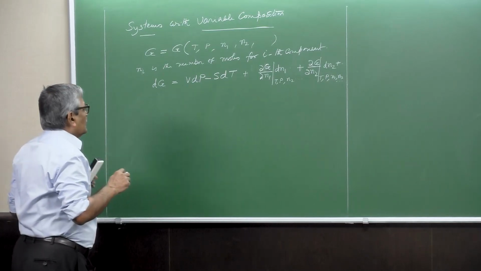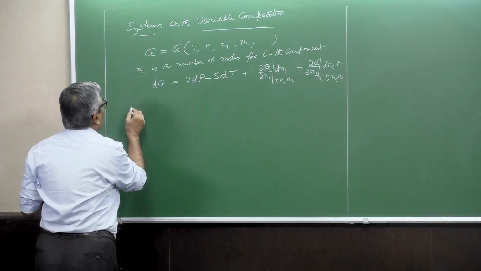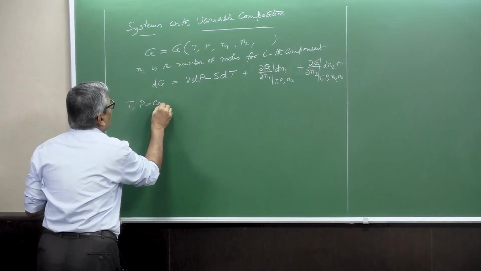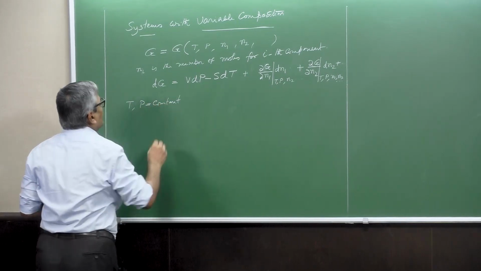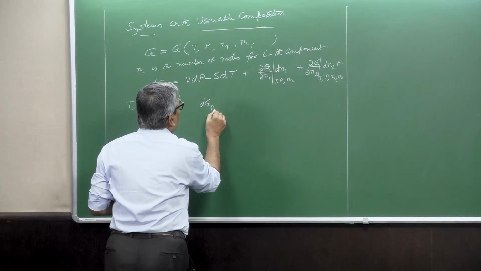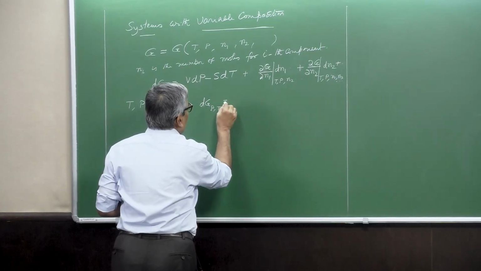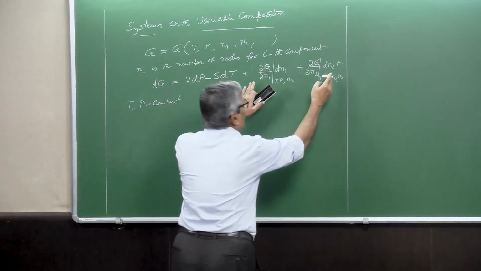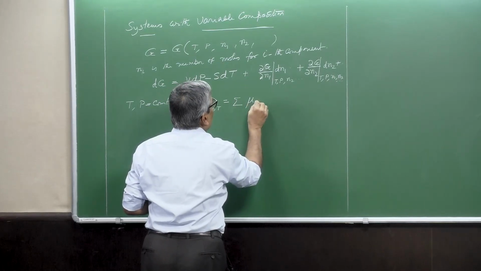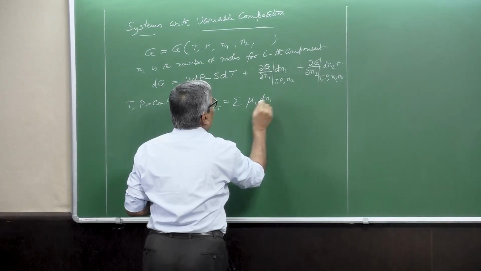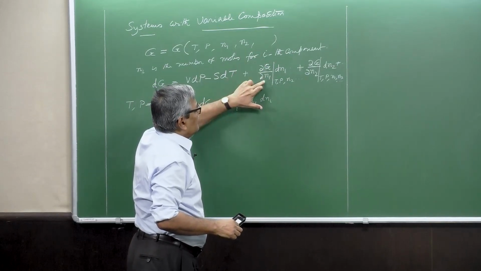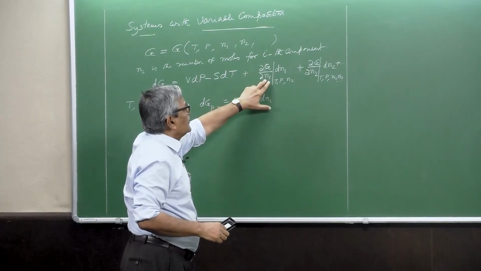If we take constant temperature and pressure, which is most often the case, then dG at constant T and P can be summed up in this form: the sum of mu i dNi, where del G del N1 is the change in free energy per unit mole of component 1.